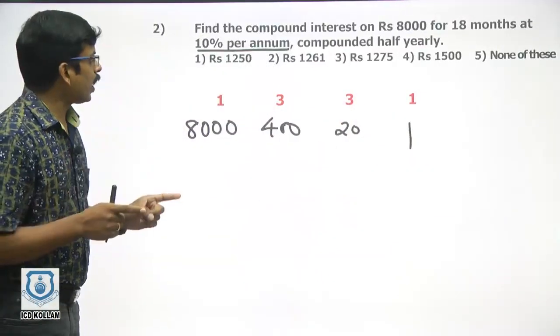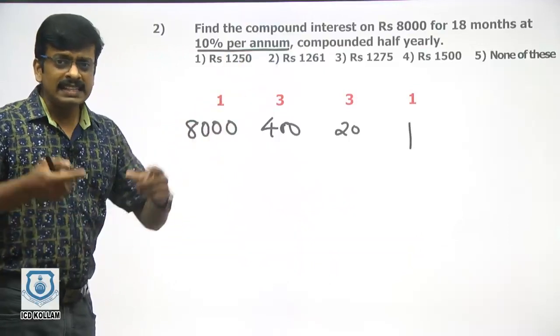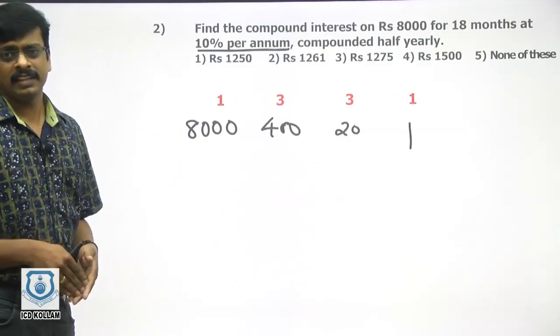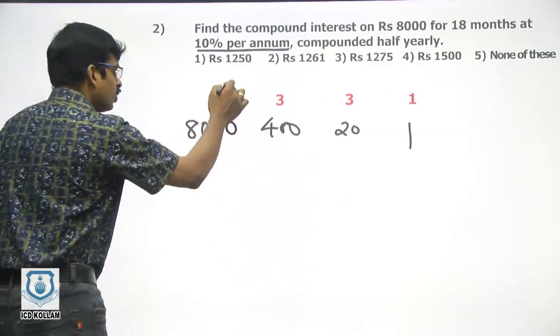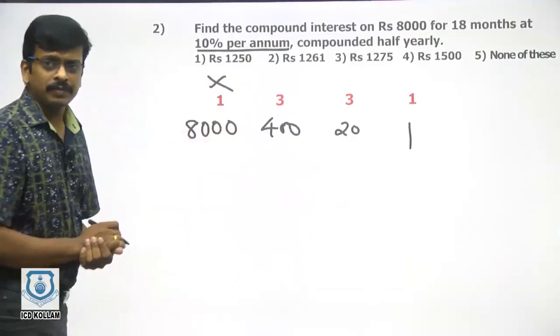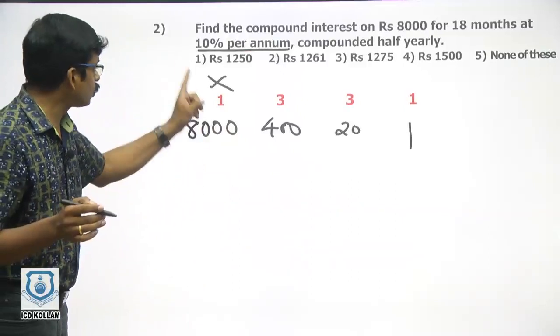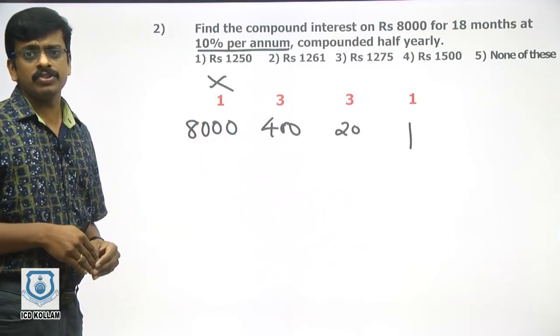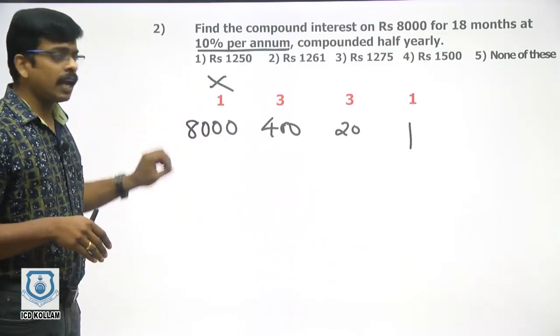Now you need to find compound interest, and this is the one and only method for finding compound interest directly. You should eliminate the first column because it is principal. We don't want to add those numbers and then subtract the principal.